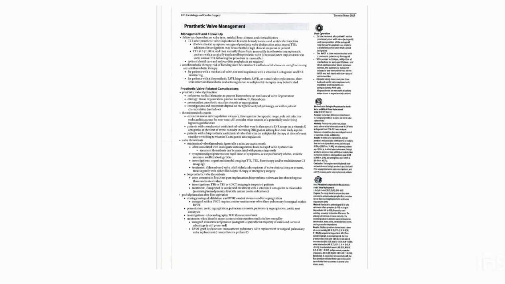Ross operation. Let's briefly review the Ross operation. The Ross operation involves removing the patient's native pulmonary valve, transplanting it into the aortic position to replace a diseased aortic valve, and reconstructing the right ventricular outflow tract using a cadaveric pulmonary homograft.